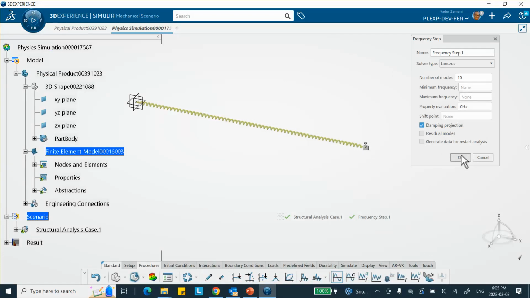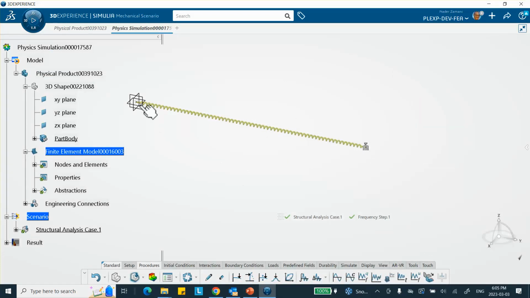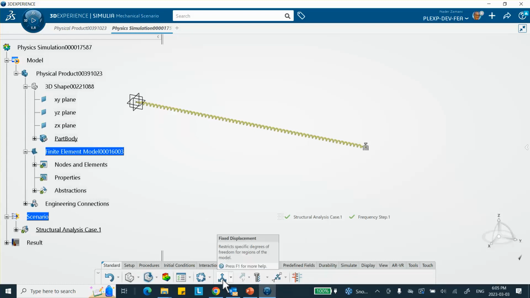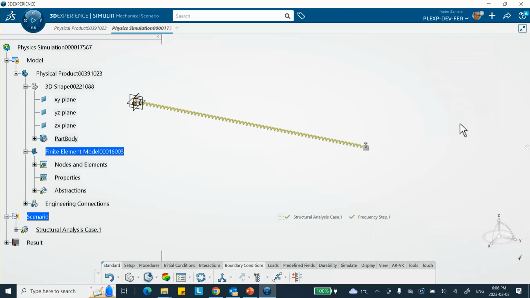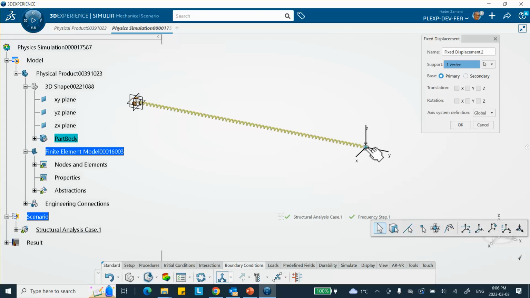And say okay. Now, let's put some restraints here. The restraints are under boundary condition. This is fixed displacement. These 2 points are pin. This point is pin, and this one can only move in the y direction. So you have to do it twice. Rotations are irrelevant here because we're dealing with the extensional spring. Excuse me. You click on this thing again. You select that point.